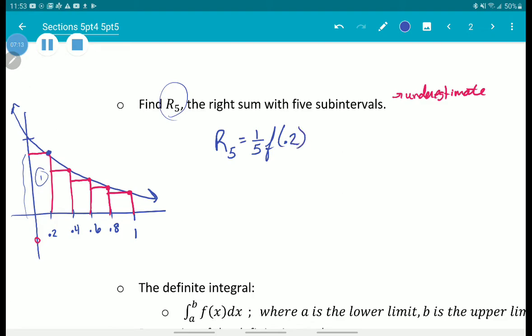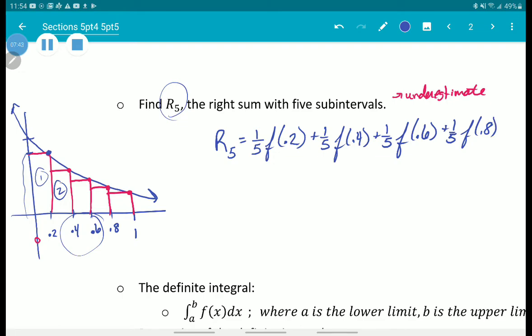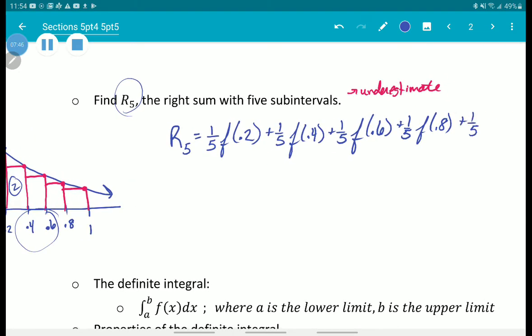So I need to plug 0.2 into the function, and that will tell me that y value, which is the height. For the second rectangle, we're going to use that right endpoint, 0.4, to find the height. The third one, we're going to use 0.6. The fourth one, 0.8. And the last one is going to use 1.